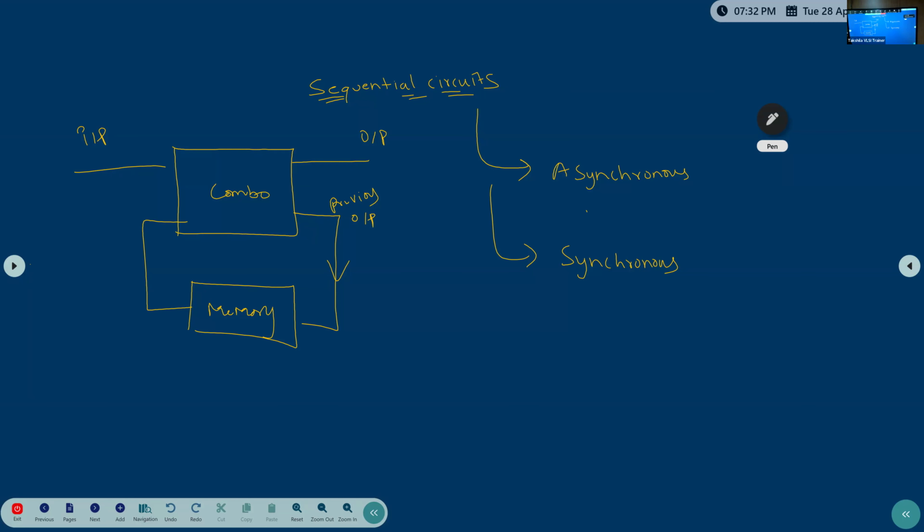Synchronous means the sequential circuit output depends on the clock signal. If the clock signal is present, only then will it be turned on and output generated. Different types of triggering will be there, and based on the triggering, it will be turned on.